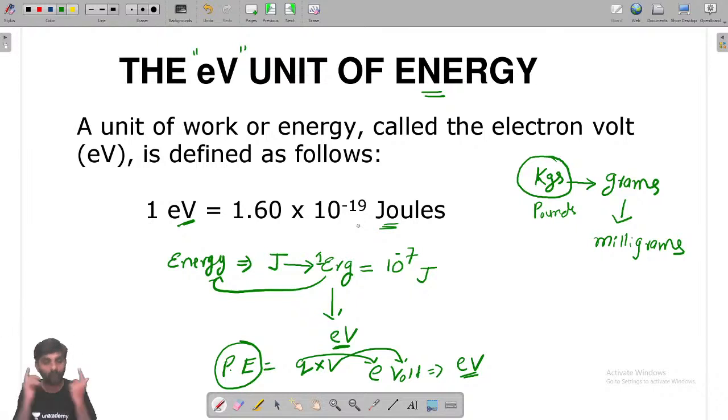What is important is that 1 electron volt is equal to 1.602 × 10 to the power of minus 19 joules. This is very important.